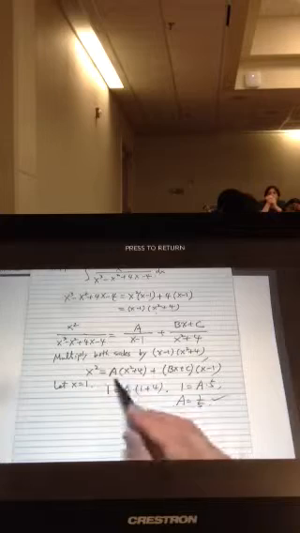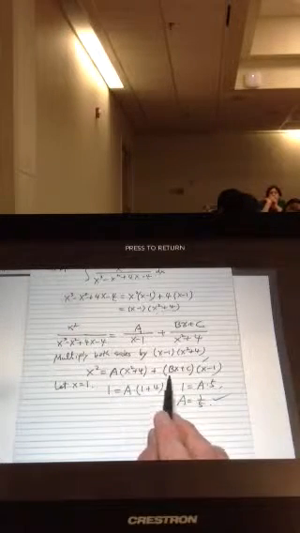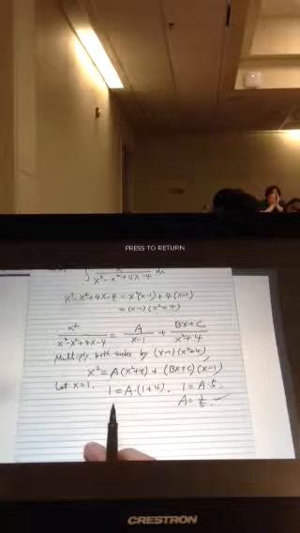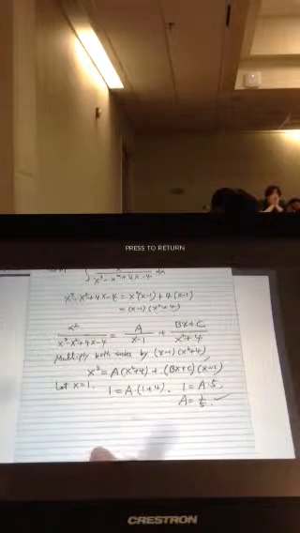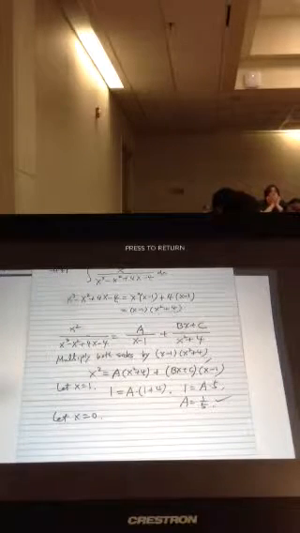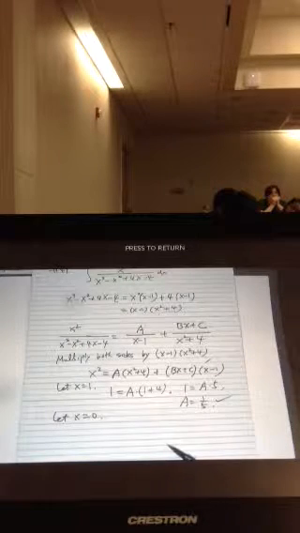A is 1/5. Now I need to find out B and C. Then I need to substitute some number into it. So I'm going to let x be 0. Why 0? Because 0 is a simple number, and no number is simpler than 0.